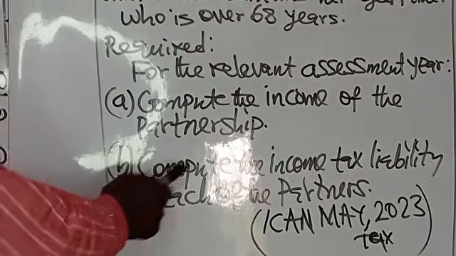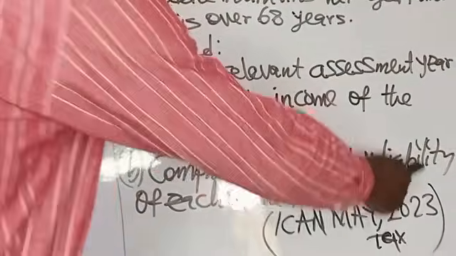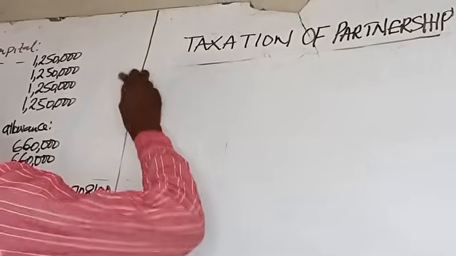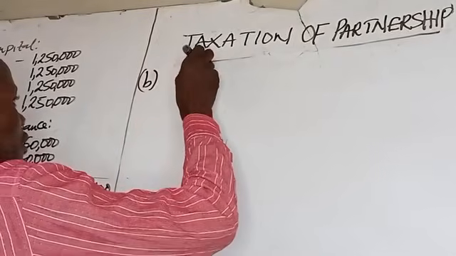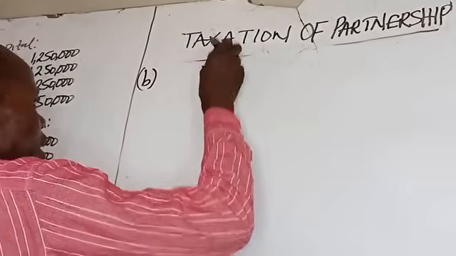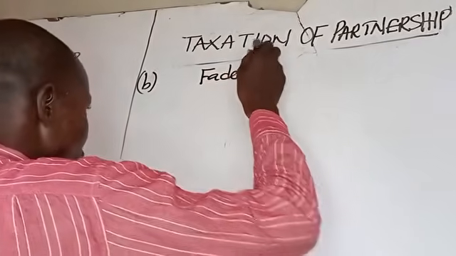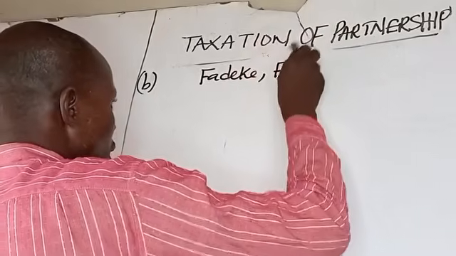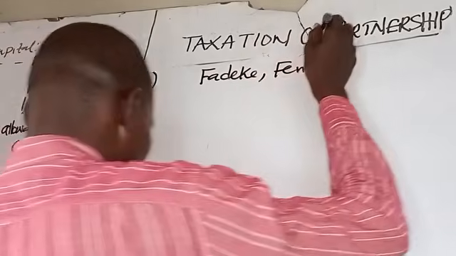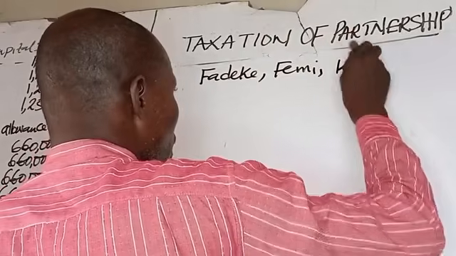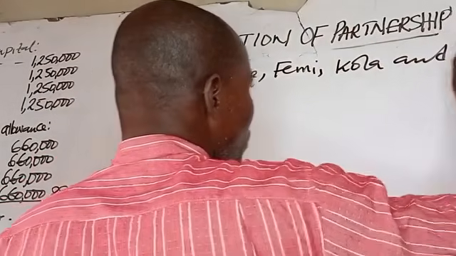The part B, you are to compute the income tax liability of each of the partners, as part of the question. We have Fadike, Femi, Kola and Binga.